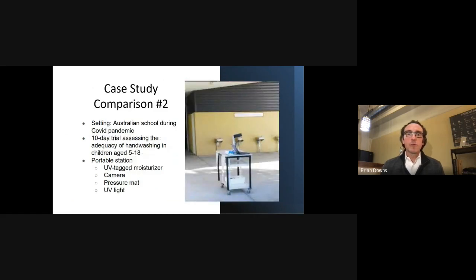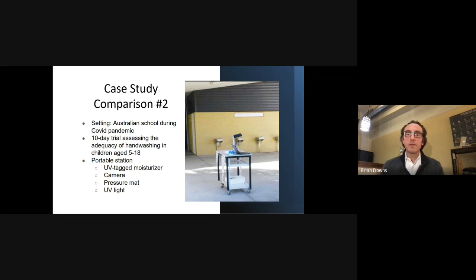In a separate part of the world, in Australia, a school for children ages 5 through 18 published a different type of mobile automated hand washer. With this portable station, you see on the hand cart, there is a computer which is calculating data. Behind the mobile cart, there's a sink with a black arc over it, and that's a UV light.